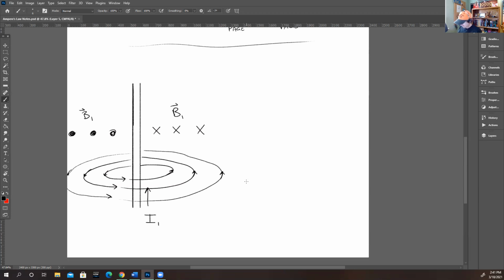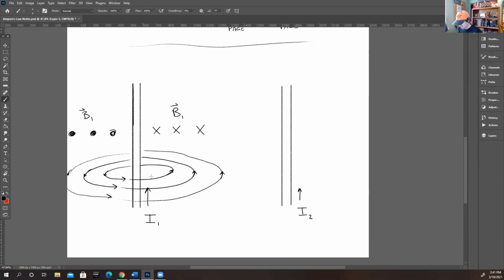Let's add another wire in here. So maybe you've already seen this. You've already done this a lot, but this is helpful for the lab, so we'll go over it again. Let's make another wire that will have a current flowing through it. I'll call this current 2, and it's also traveling upward.